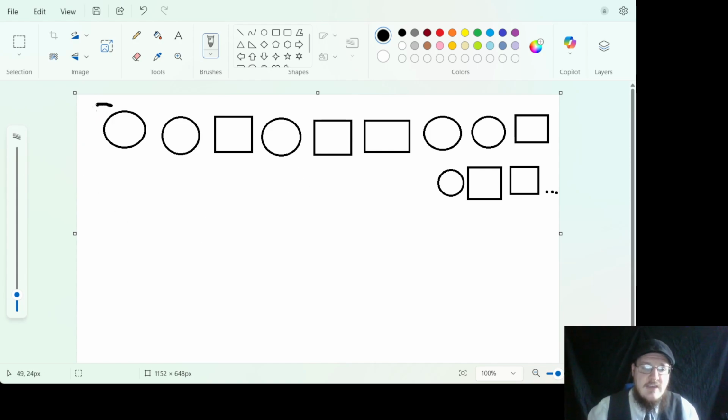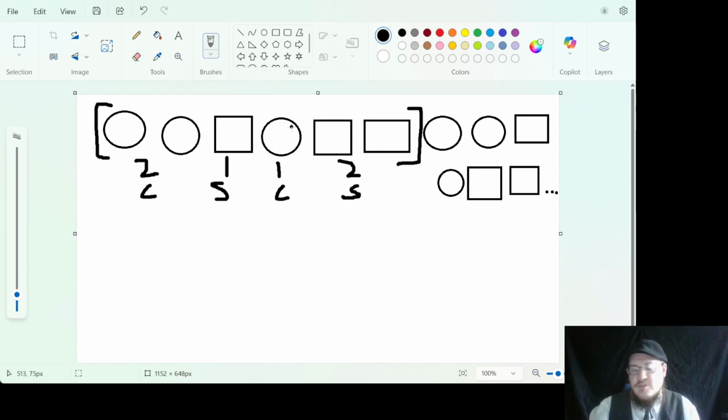So in this case here, our pattern goes with this. It would be 2 circles, 1 square, 1 circle, 2 squares. Since there's only the square here instead of a star, I'm just going to put an S there. And same thing here. 2 circles, 1 square, 1 circle, 2 squares. Okay?